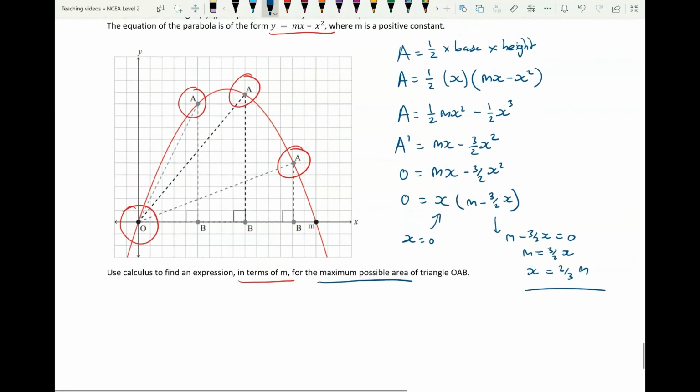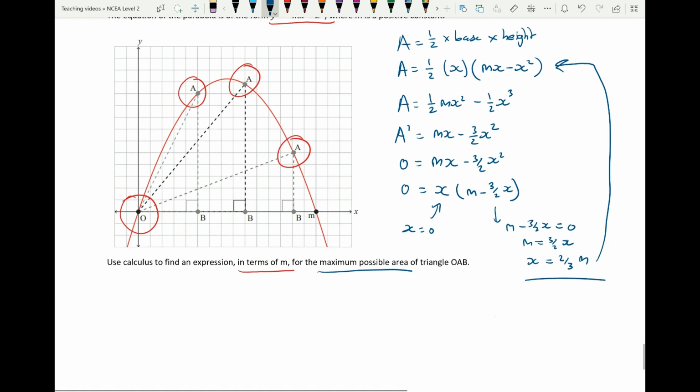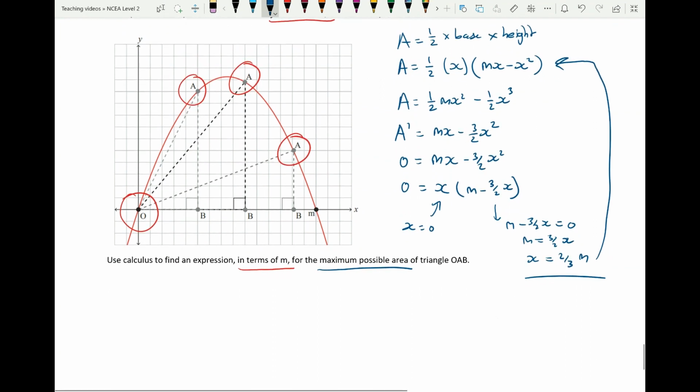So if we substitute that back into this equation here, this x value, then we should be able to work this out. Again, it's going to be in terms of m, so we're not going to get a definitive answer. There'll be an m, and it's A equals something m.